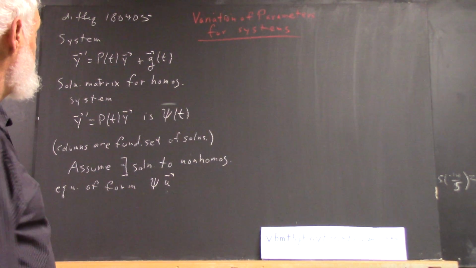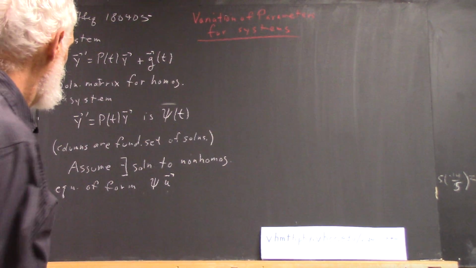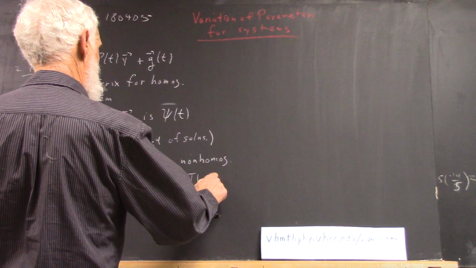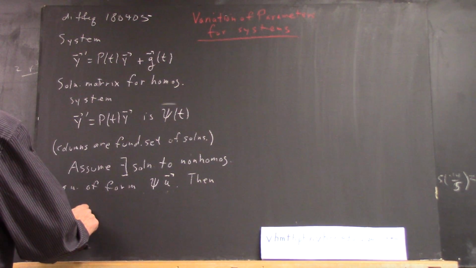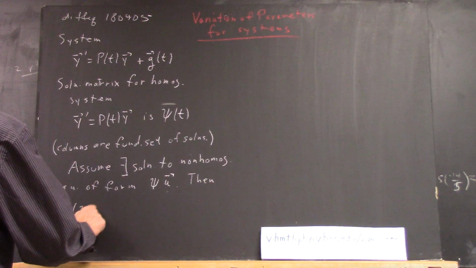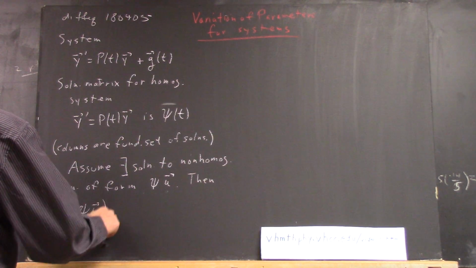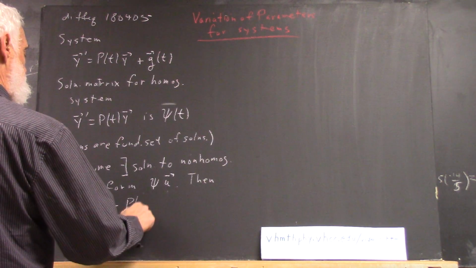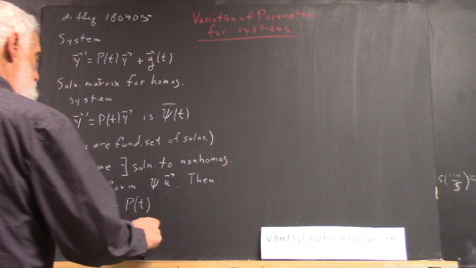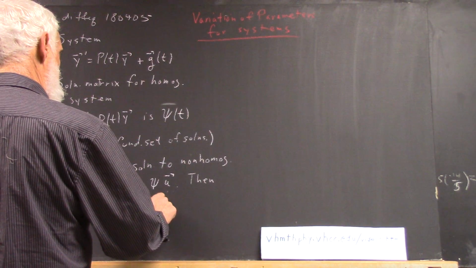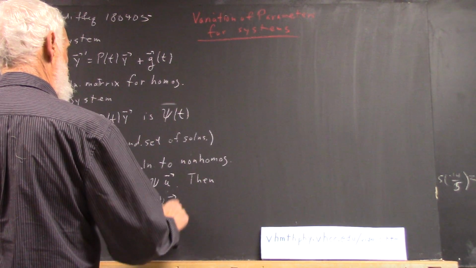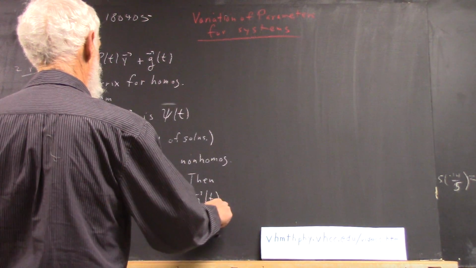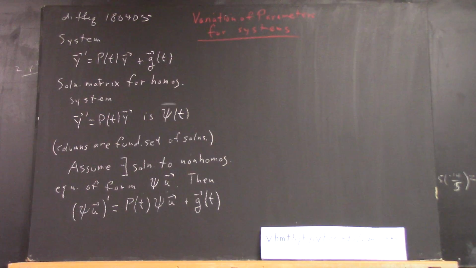Now if we put this function into the equation, it follows that psi u prime should equal p of t times psi u plus g of t.